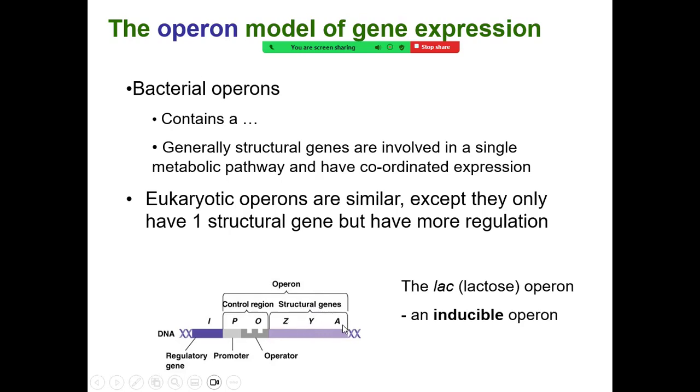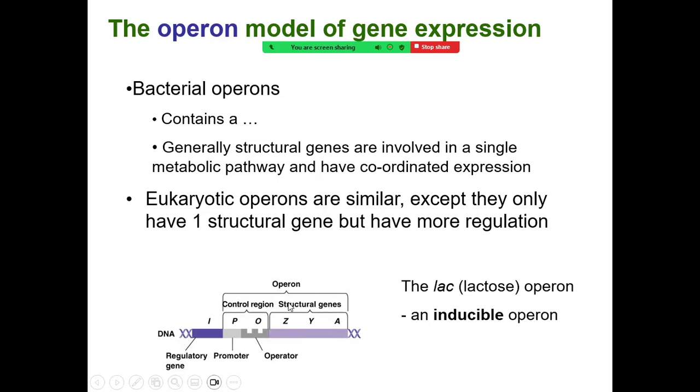The A gene is the gene that helps convert the sugar beta galactose to the sugar glucose. And that too is involved in the metabolism of the sugar lactose.